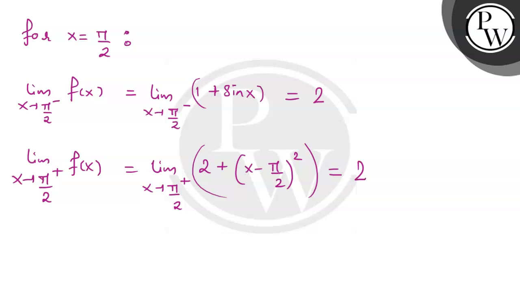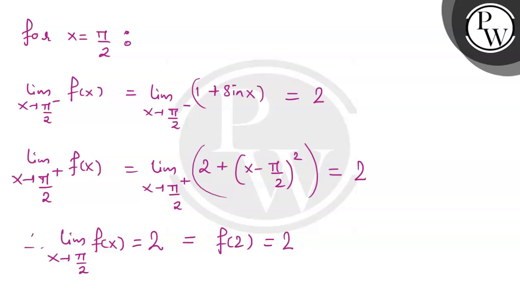Again we have equal limits, so therefore limit as x goes to pi by 2 of fx is equal to 2, and at pi by 2 the definition of the function is 2 plus x minus pi by 2 the whole square, and f of pi by 2 is therefore equal to 2. So we have limit equal to the functional value, and so therefore we can say fx is continuous at x equals pi by 2.